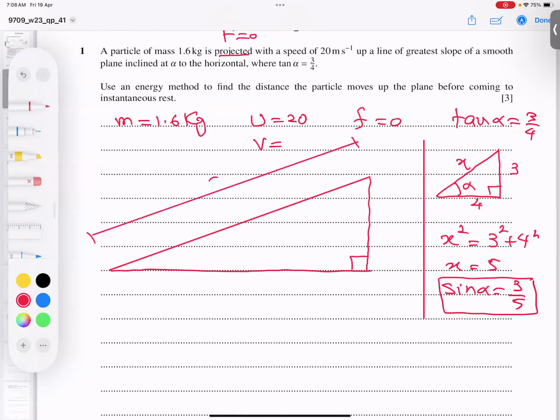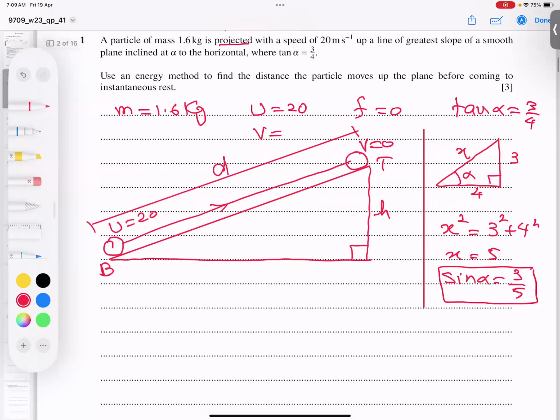I assume this distance is s, or better x, or d is also okay. Distance d, and there's a height. B is for bottom, T for top. The particle starts from here and ultimately stops here. Last velocity is 0, and starting velocity is 20. And it's traveling upwards.